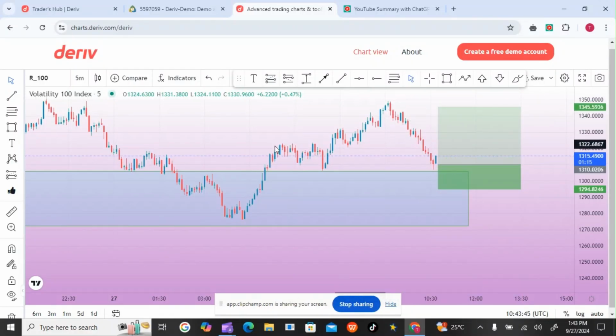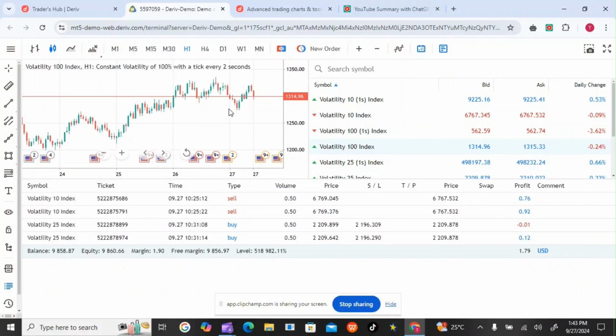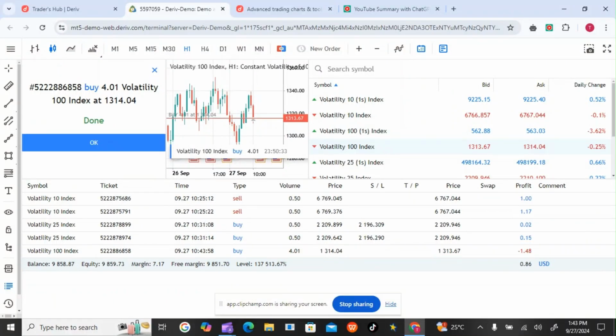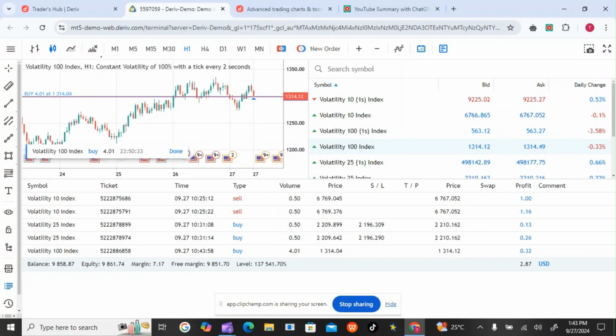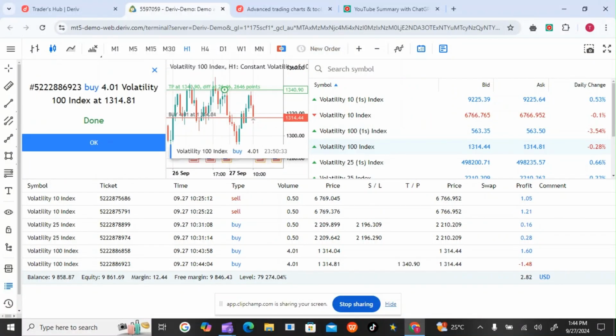Going back to my 100, I'll take just a buy position, new order, buy. Market accepted. So I will say we will be taking two. Then that is done.